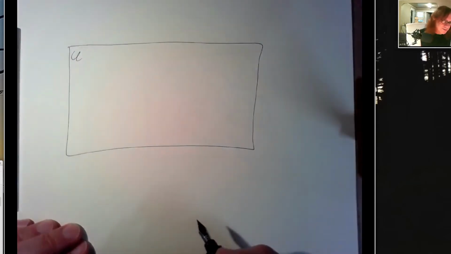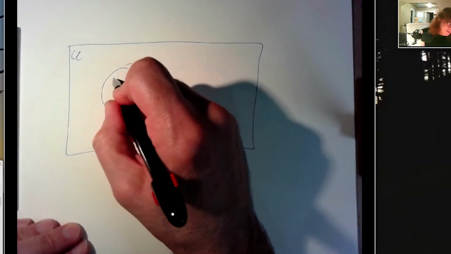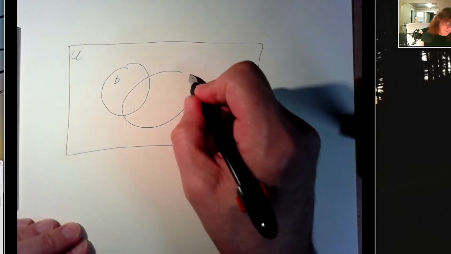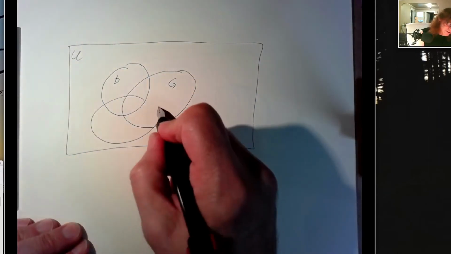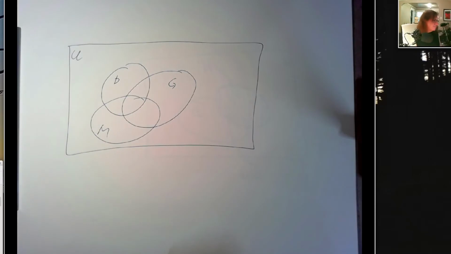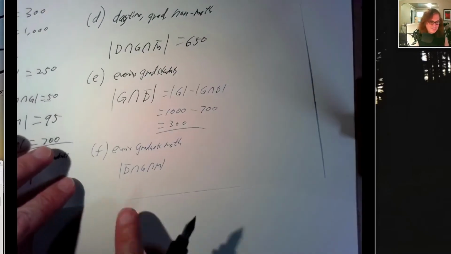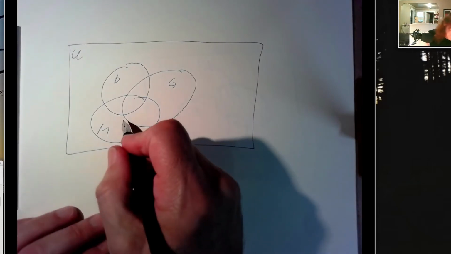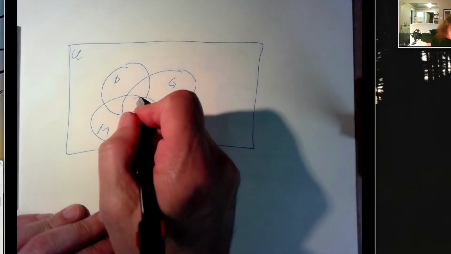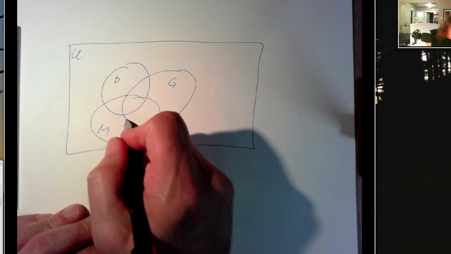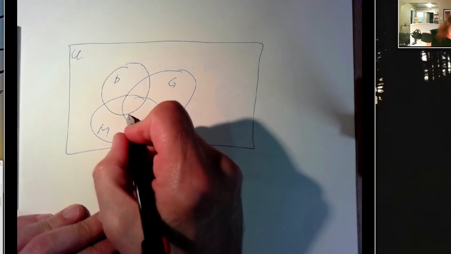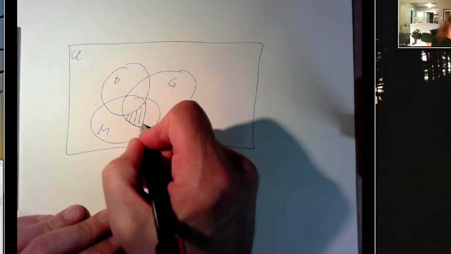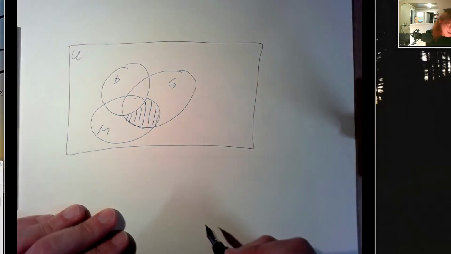So here's our universe. Let's do D for daytime students, G for graduate students, M for math students. And we're looking for people who are in G and M but not in D. Okay, G intersect M is this whole wedge here, and we want people who are not in D, so we're looking for this piece right here.